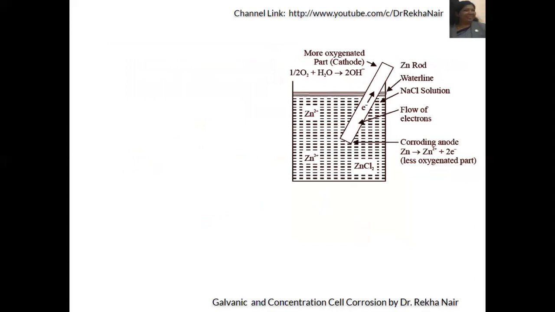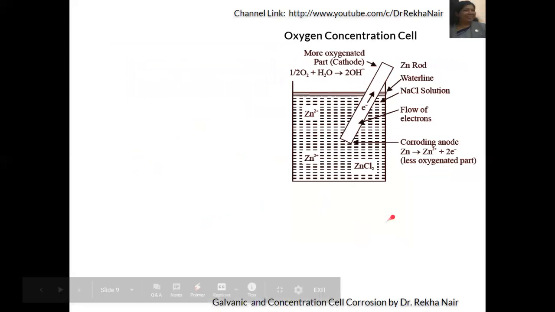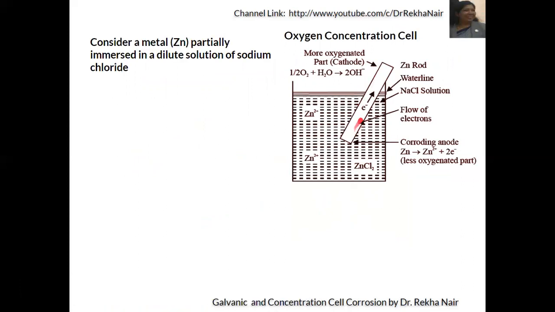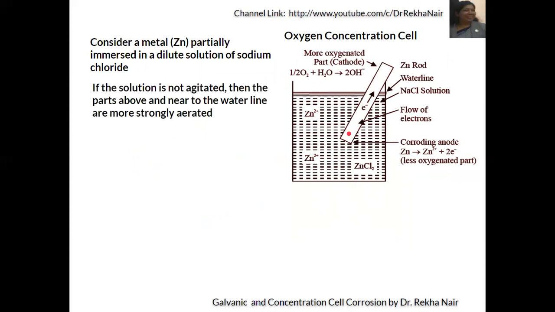Another example. Here we have a zinc rod dipped in zinc chloride solution. It is partially dipped in a dilute solution of sodium chloride. If the solution is not agitated, the part near the water line will be strongly aerated, and the part inside the solution will be at a lower concentration of oxygen.